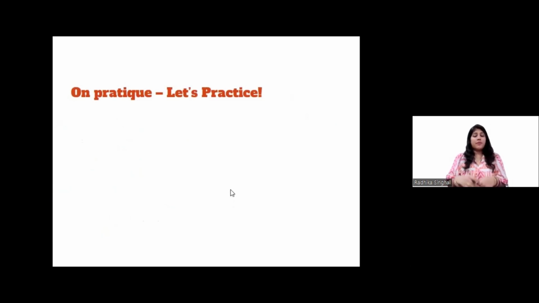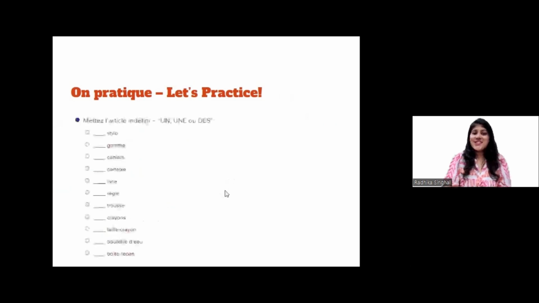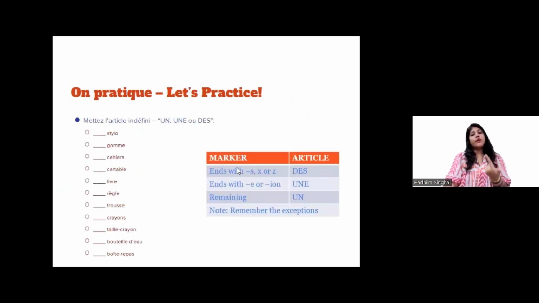But any topic in my class does not end without a practice exercise. So let's go. You have to put the articles a, in or they with the following nouns, and for your help I have given a table as well. Right away pause the video and try to do this exercise. I'll wait for 5 seconds and then you will see the answers on your screen.